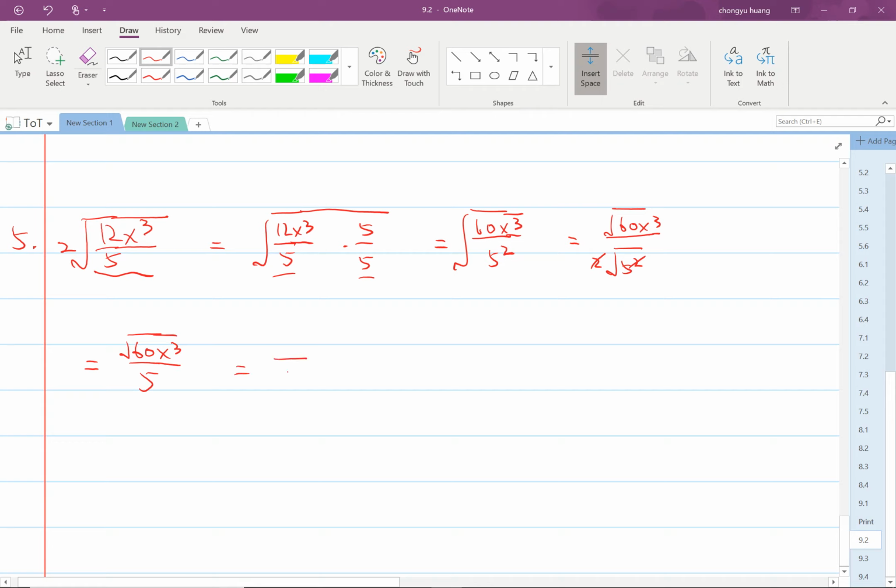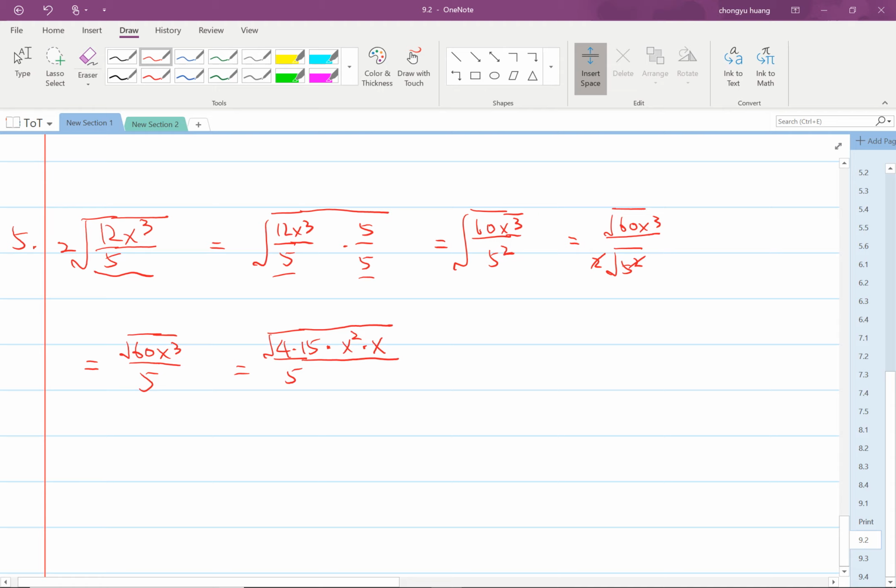As you can see, we are able to simplify a little bit more. 60 is equal to 4 multiplied by 15, and x to the power 3 can be written as x squared multiplied by x.